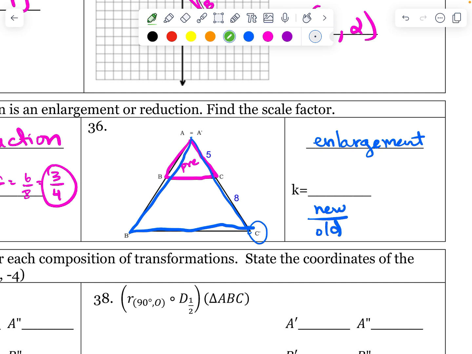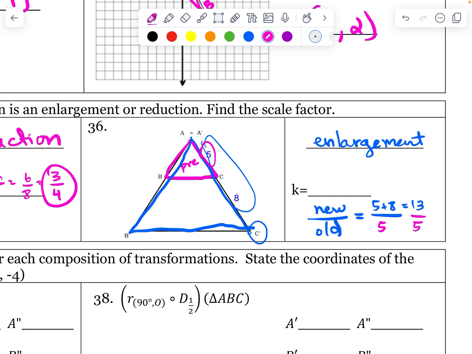Okay, if you look though, the new side length is not just 8, it's 5 plus 8. So that new is 5 plus 8, which is 13. And the old was just the 5. So 13 over 5, I don't think that reduces.